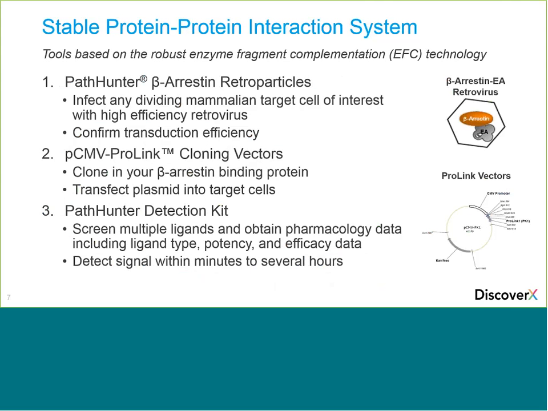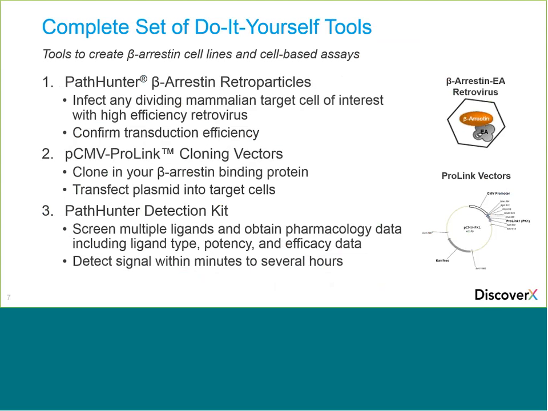ARM stands for Arrestin Recruitment Modifying sequence, or this is a GRK kinase phosphorylation site, which is a specific site for beta-arrestin recruitment binding to help improve the signal-to-background ratios. Ultimately, the guidelines for choosing the correct vector are indicated in the user manual, and we recommend to start with PK1 if your system is new.